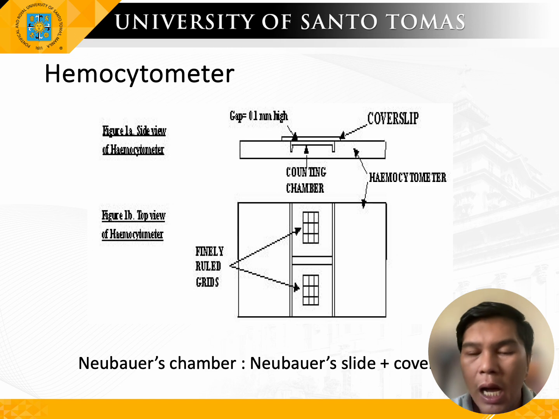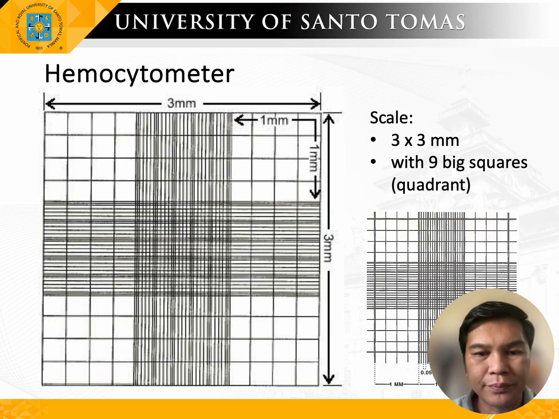Let's focus our study on the finely ruled grids. This is the grid of your haemocytometer, and if you look at it, it is subdivided into 9 quadrants. So we have 1 on top, 2, 3, and then in the middle 4, 5, 6, and at the bottom we have 7, 8, and 9.